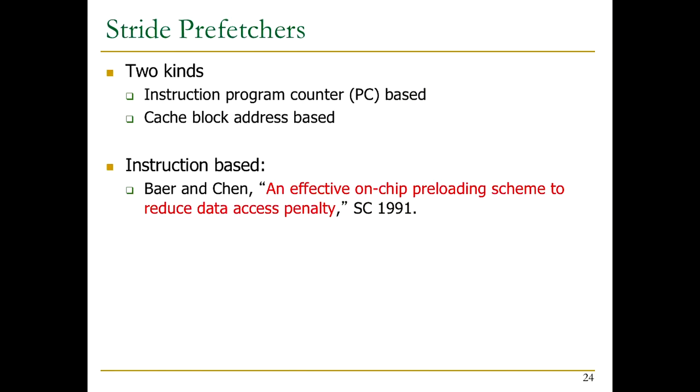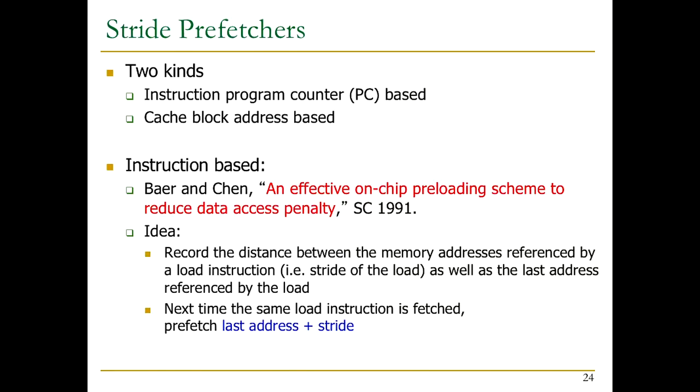Well, this is the paper that actually first proposed the instruction-based prefetcher. Basically, the idea is to record the distance between the memory addresses referenced by a given load instruction, the program counter. That's the stride of the load, as well as the last address referenced by the load. That's it.